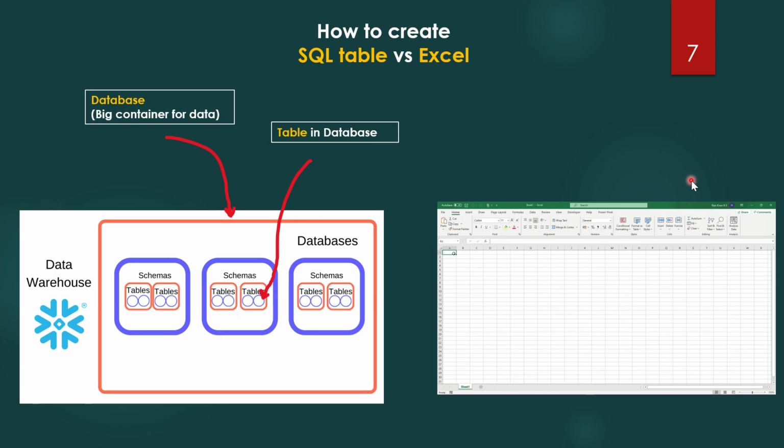All right, before creating tables, I want you to understand why major companies choose to use databases and database tables, and hire developers like us for expensive salaries, rather than putting their records in Excel.